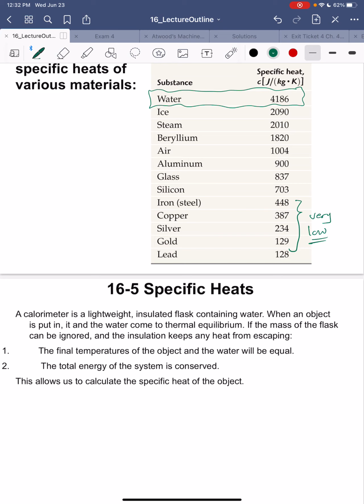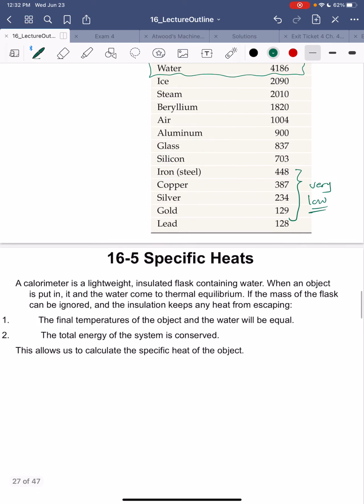If we have a calorimeter that is lightweight, meaning I will not include it in my calculation, and I have an insulated flask containing water, when an object is put in it and the water comes to thermal equilibrium, we can calculate Q, we can calculate C.